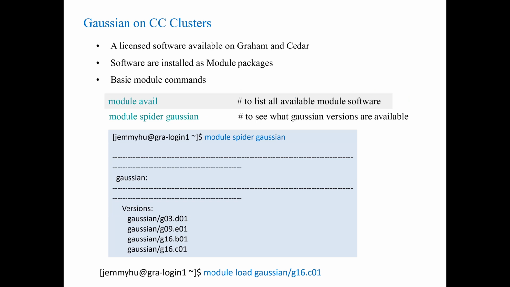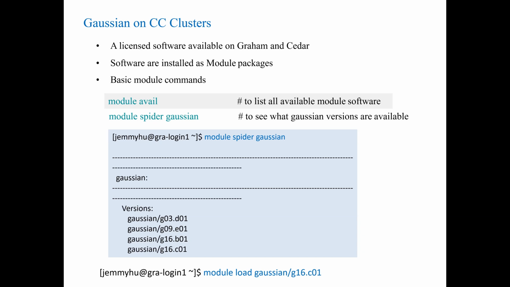So Gaussian on Compute Canada clusters right now is only available on Graham and Cedar. That's because Gaussian is a commercial package. It's licensed software, and it's a site license for a specific site.